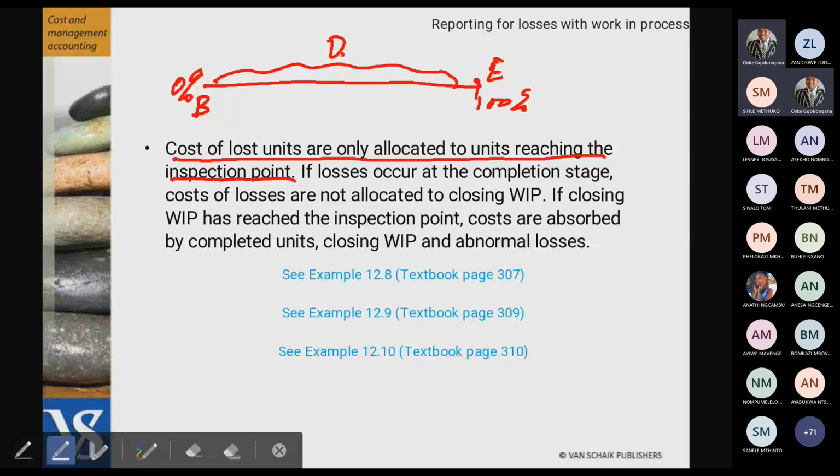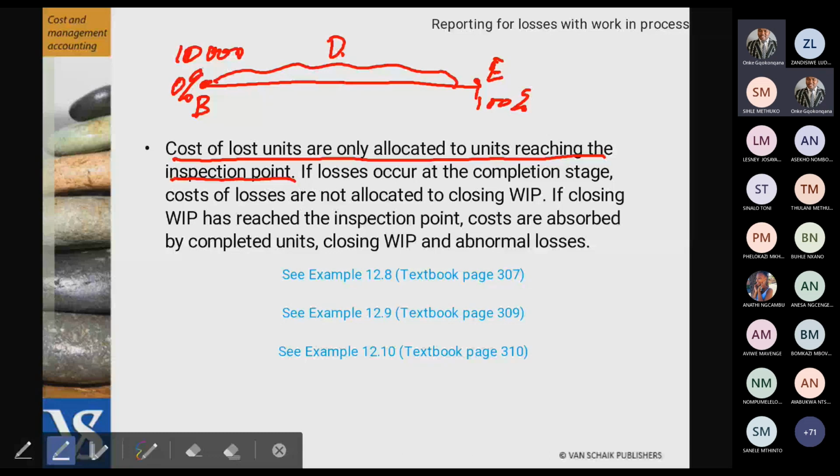In other words, just before you start producing and say that 1% is completed, we first inspect the loss. So it means our completed units and closing work in process are going to take part in the share of normal loss cost, as well as your abnormal loss if you've got abnormal loss.